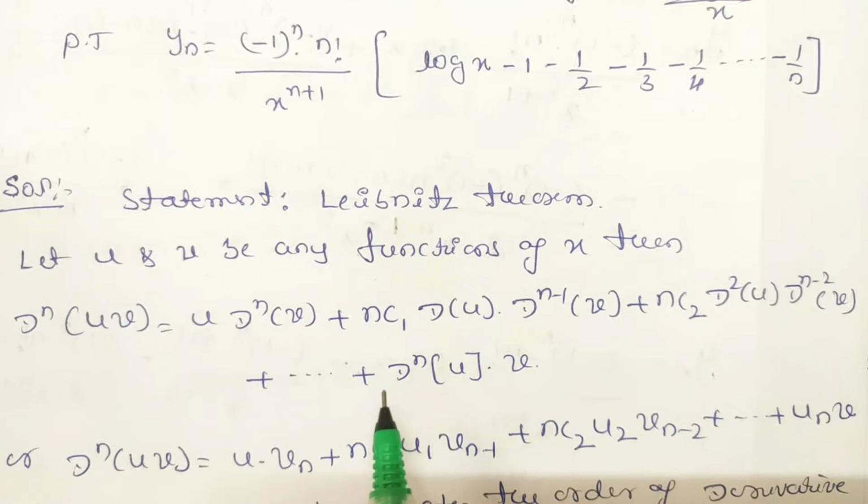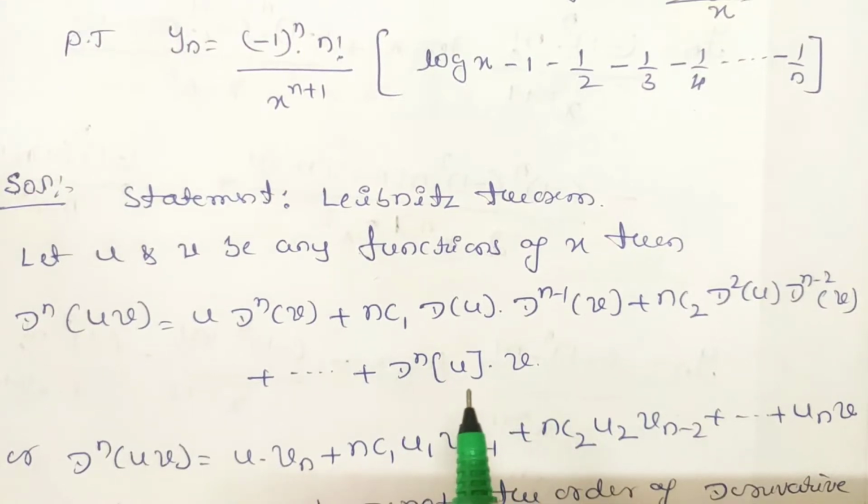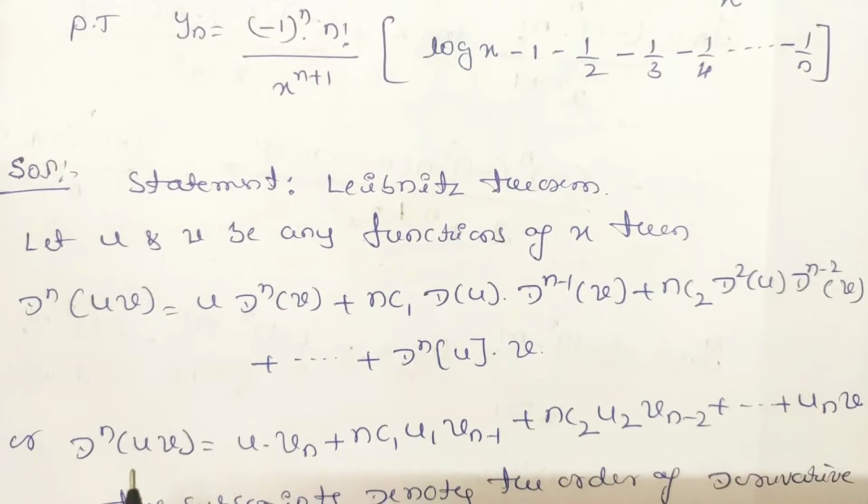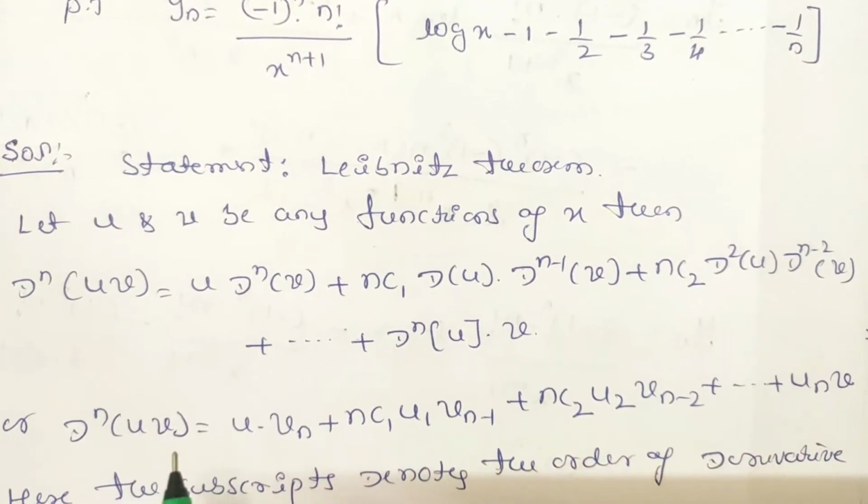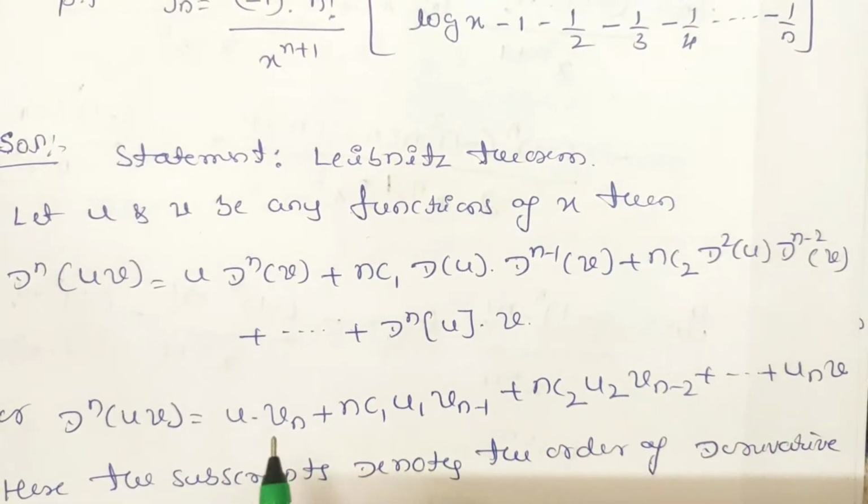Here nCn value is 1, so I have not written nCn. We can also write this in short form as nth derivative of uv is equal to u into vn plus nC1.